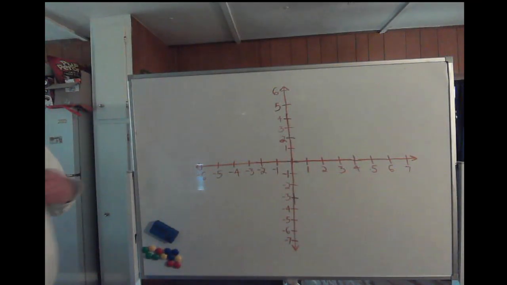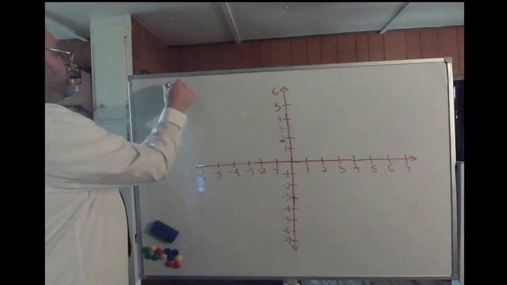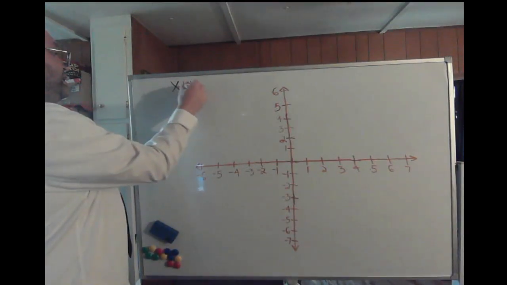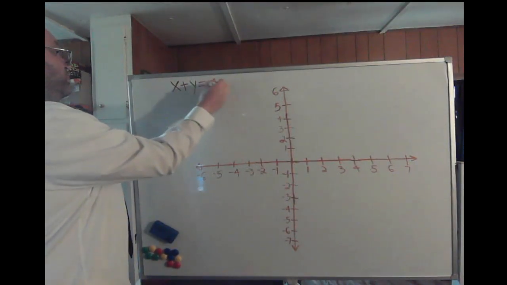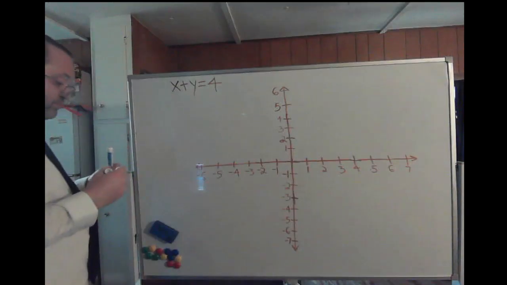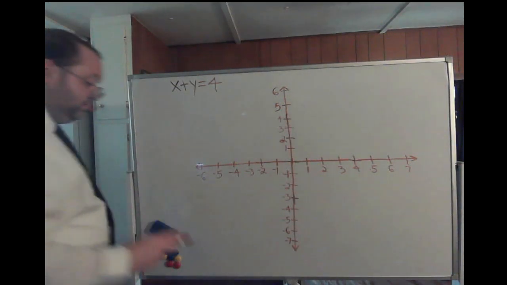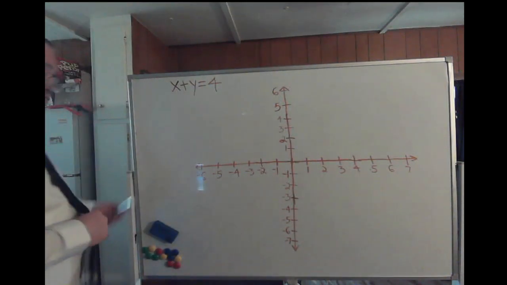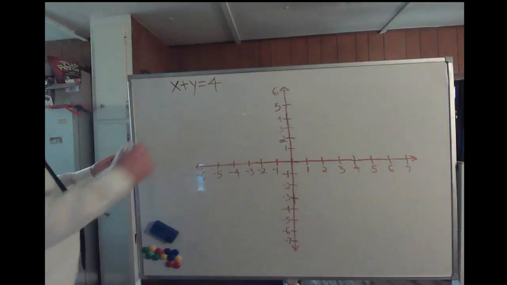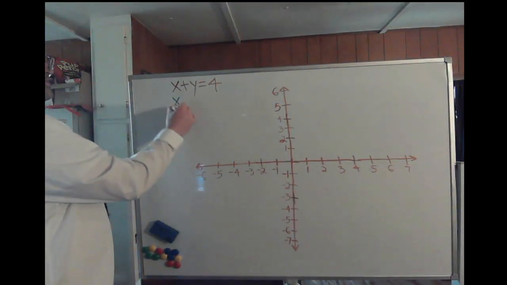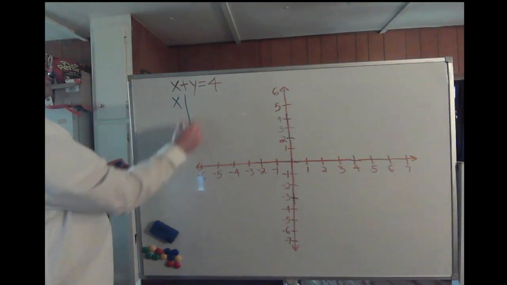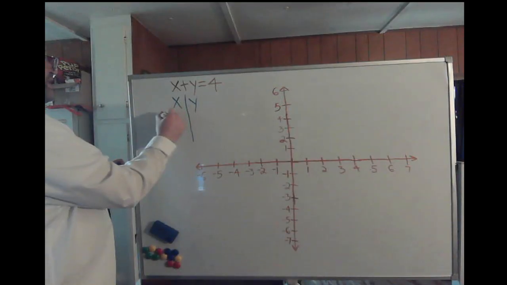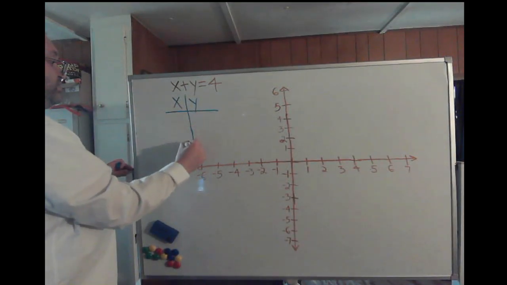For example, you're given the equation x plus y equals 4, right? Well, what you've got to do is set yourself up a table of at least 4 values. So one side will be for your x values, the other side will be for your y values, okay?